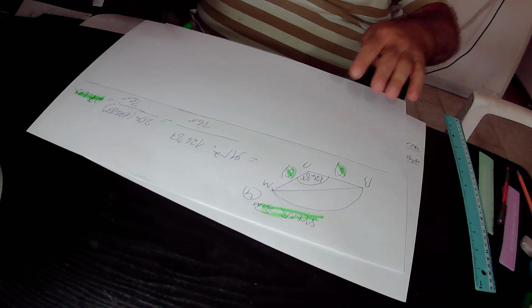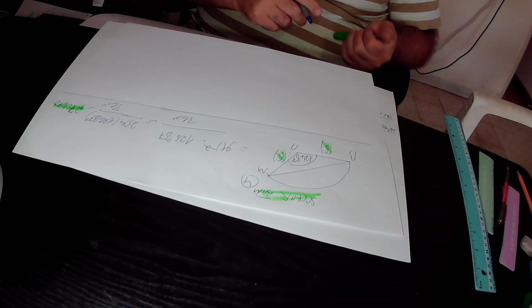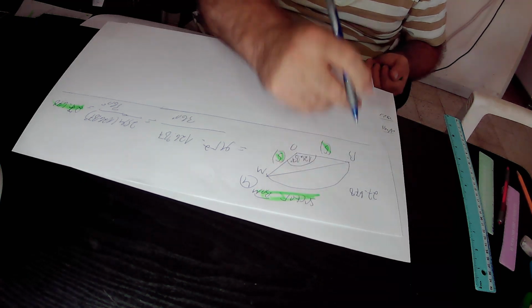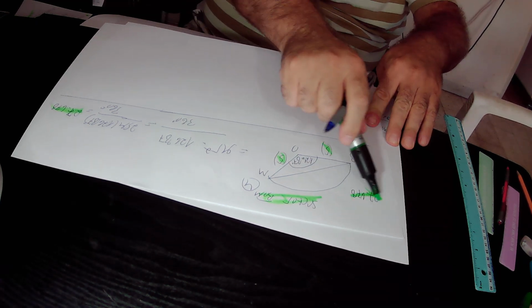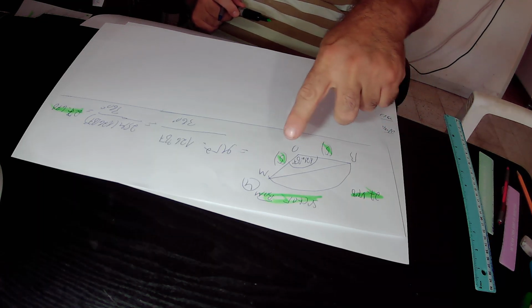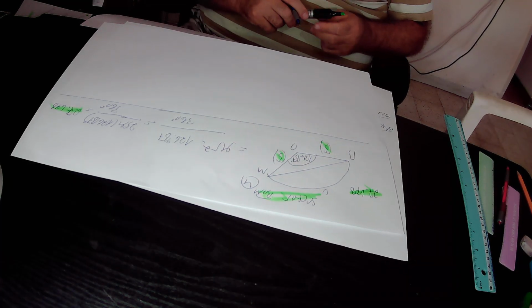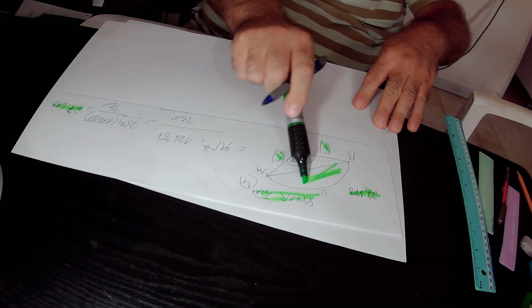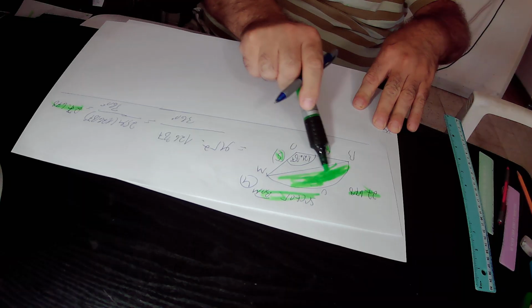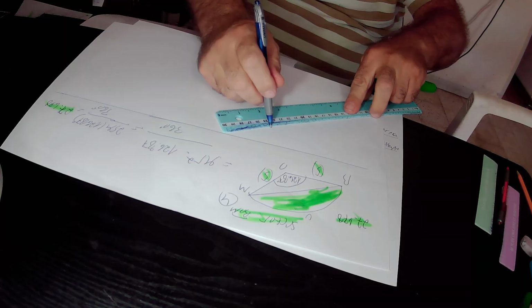So we found out that the area of this sector BOM is equal to 27.678 square inches in size. Our task is to find the area of this upper segment BUM.